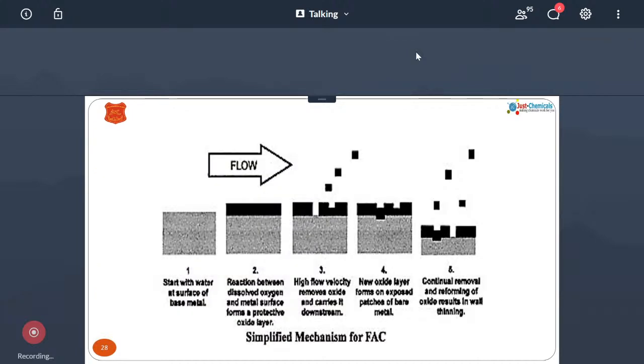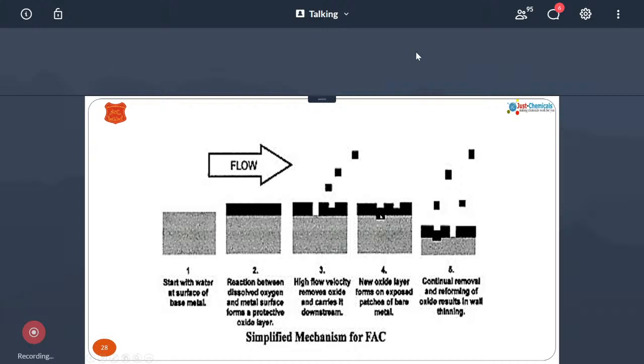See what was happening: due to low oxygen and temperature and due to hydrazine being a reducing agent, the magnetite layer, Fe3O4, was forming. But due to flow hydrodynamics, this magnetite layer was getting dissolved in the flow. Especially it occurs when the pipelines are narrow and the velocity is high, more than 4 meters per second. So when it was dissolving, again the magnetite layer was forming below.